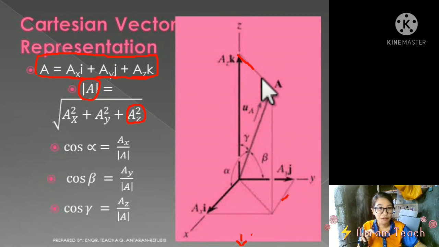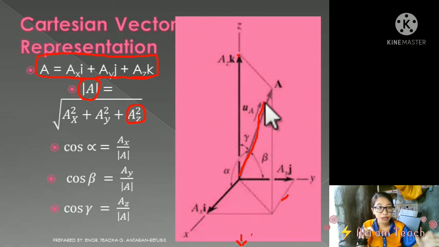Since we have three axes, our vector A can be described with respect to the three axes.